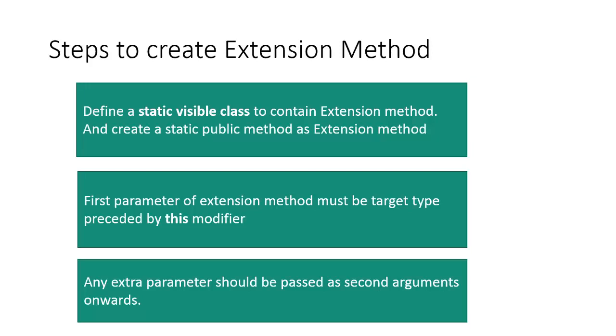So for example, if you are creating extension method for a class product, then first parameter of extension method would be this product. And any extra parameter should be passed as second arguments onwards. Like a normal function, extension method can return any type of data.